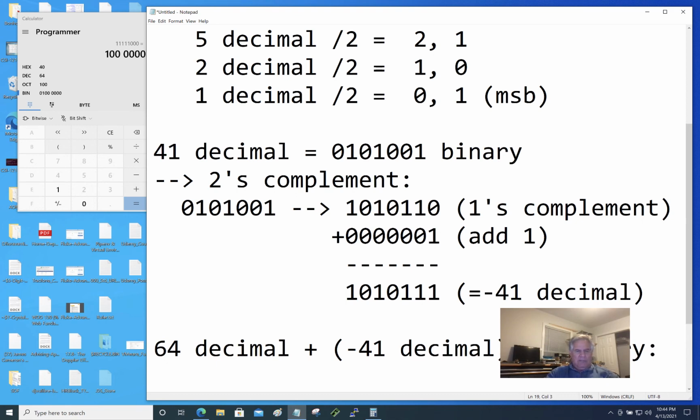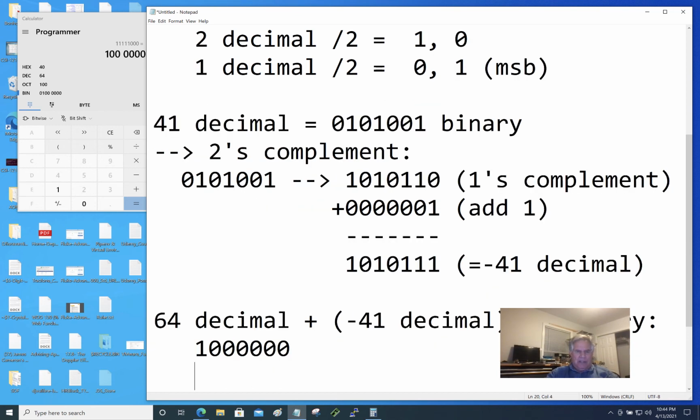And what we have here is we're going to do this addition. So 64, as you remember, is 1 and 6 zeros. So I have 1, 2, 3, 4, 5, 6. And to that, we're going to add this guy right here.